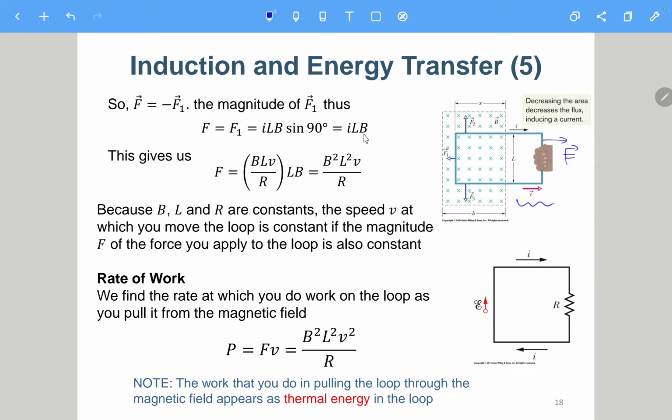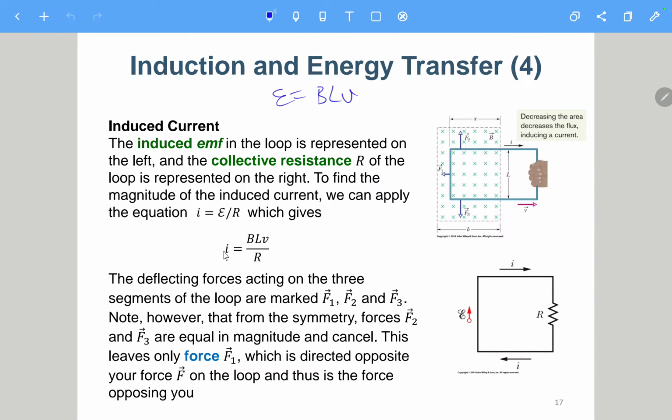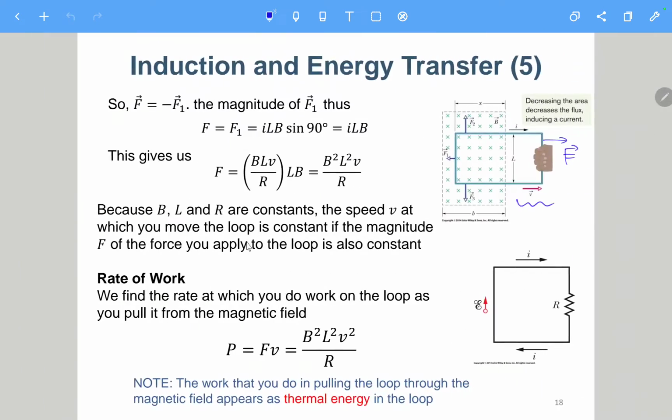And in the previous page, we already have I equals BLv over R. So we plug this in, and we have BLv over R times LB. We can collect the same terms: B squared, L squared, v over R. So this is the expression of F. And finally, P equals F times v.